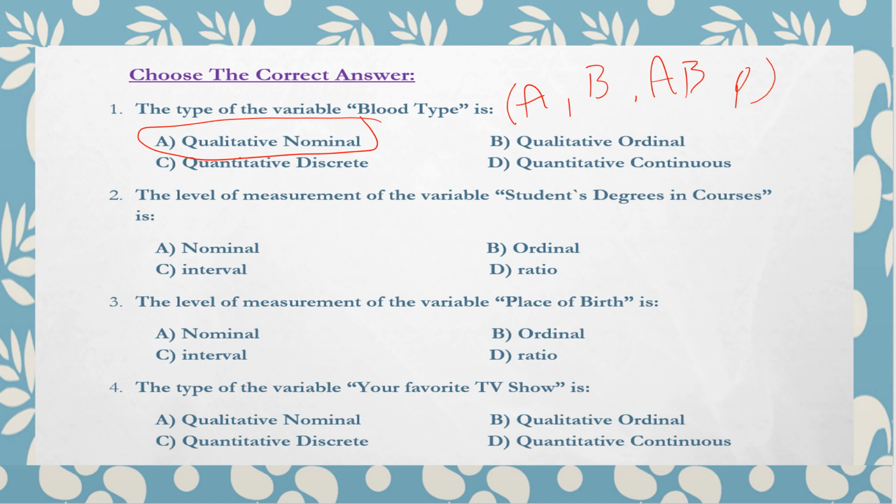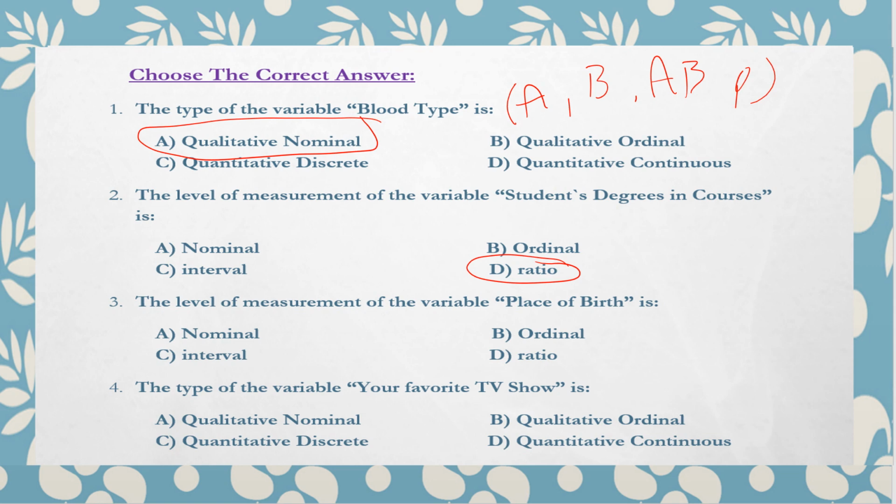And the students' degrees are numeric data, and we can make mathematical operations in it, and 0 means the absence of the degree, because 0 means you didn't answer anything in the exam. So 0 means the absence of the characteristics, and the level of measurement for this variable is the ratio level. So the correct answer is ratio.